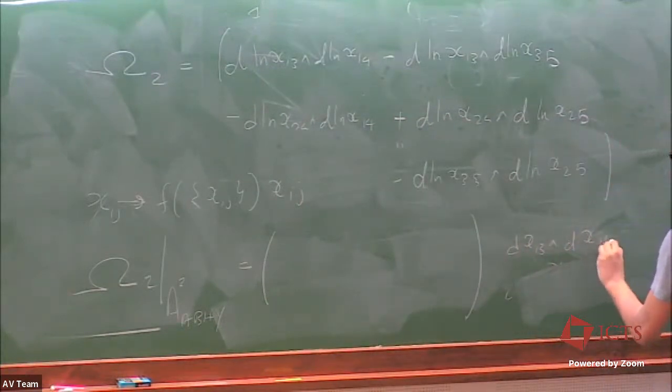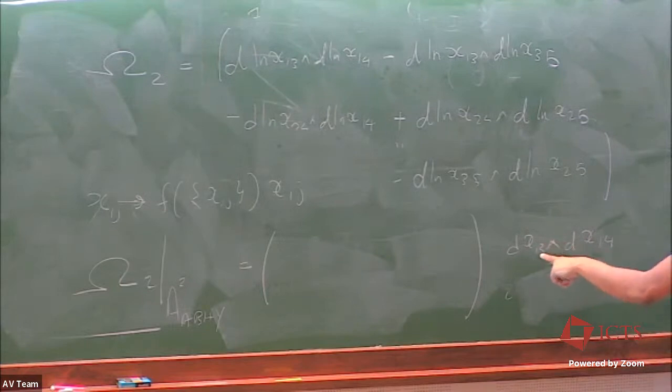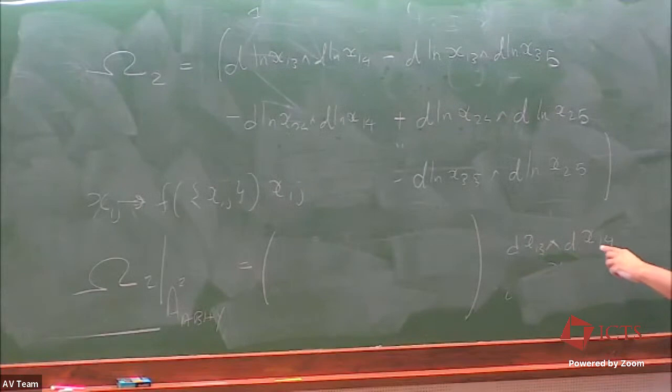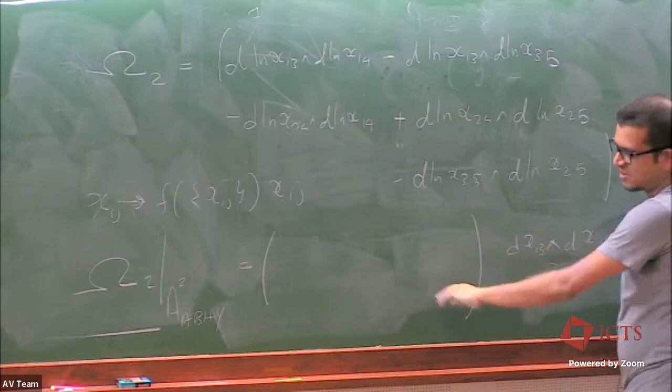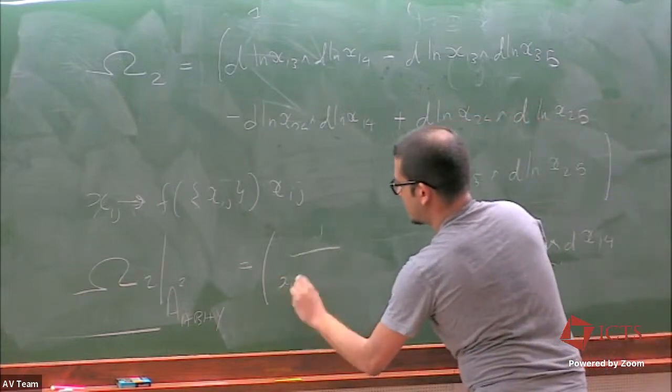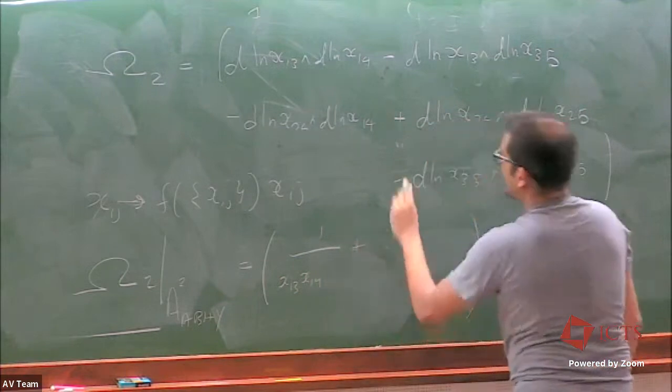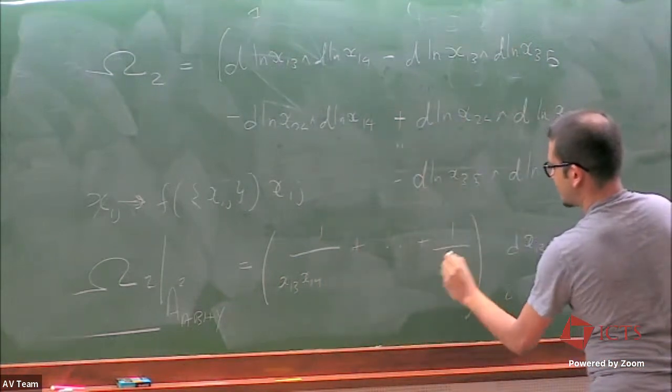I'm just writing the final answer. So the way I've chosen the basis is the reference dissection. Of course, if you change the reference, this will change. But what is remarkable is that what multiplies this will not change in the case of the associahedron. And it turns out to be all possible terms, just put all of them, 5 of them.